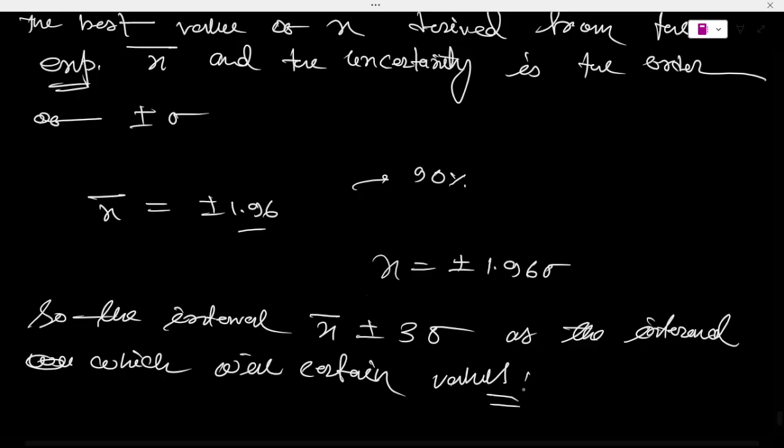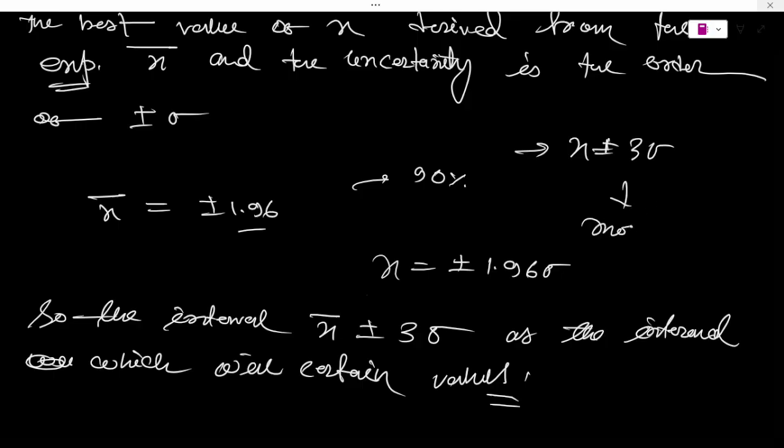The chance that the true value lies within x bar plus or minus 3 sigma is more than, let's say, 99%.